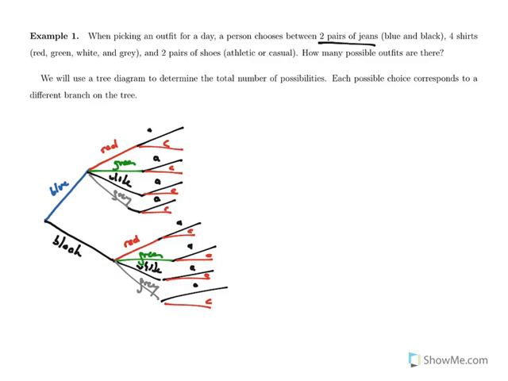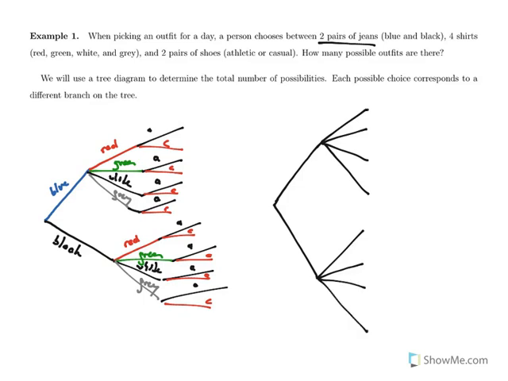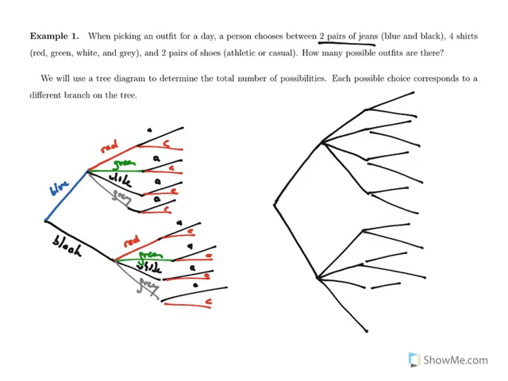But again, what we have is we have 2 options that we start with. From there, we branch out to 4 different options. Then from there, we branch out to 2 different options for each. Each of these branches represents a different outfit.